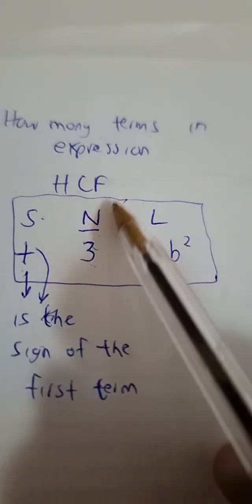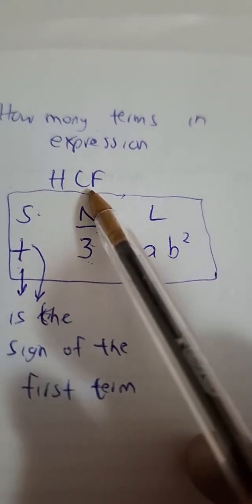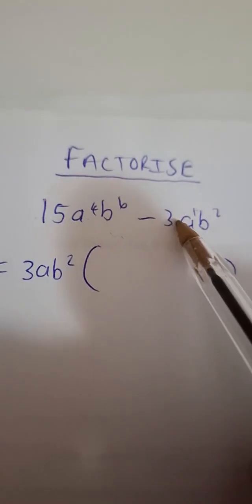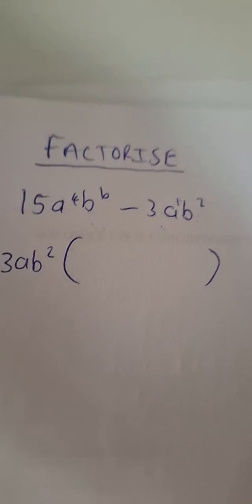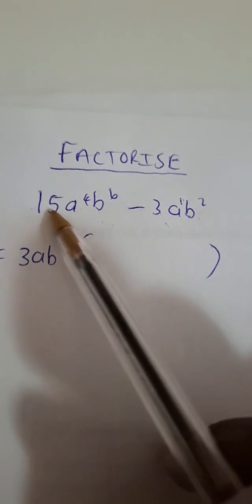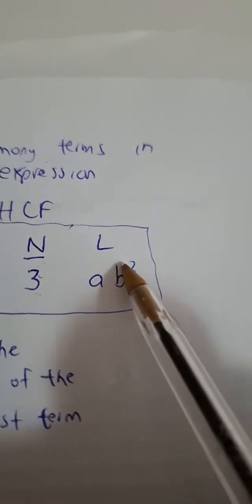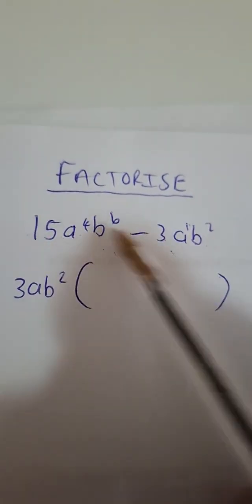But it's very important that you know how to identify the highest common factor number. As I explained, this speaks back to the concept of the highest common factor between two numbers. You must be able to identify it using your previous grade knowledge. Secondly, the highest common factor variable is always the common base that has the lowest exponent.